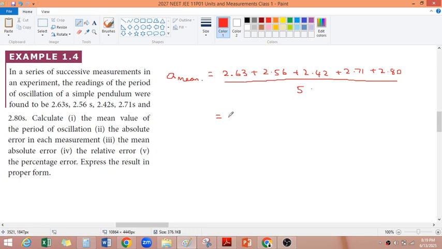So I'm getting 13.12 divided by 5. So I'm getting 2.624. Okay. So I think I'm going to round this one off. So that means this will be 2.62 seconds. Okay, so that's the mean value.